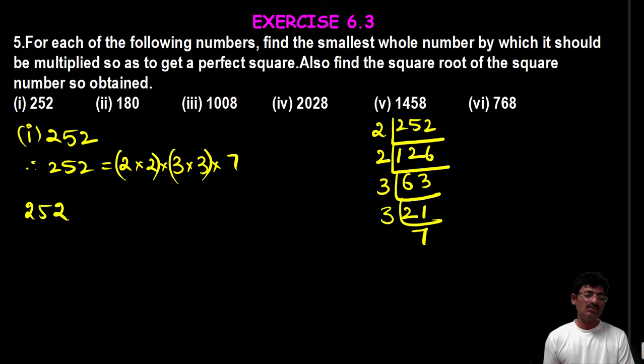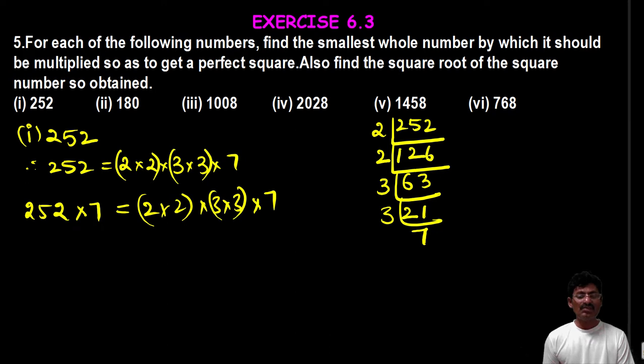252 multiplied by 7 is 2 times 2 times 3 times 3 times 7, which is 252, and then times 7.